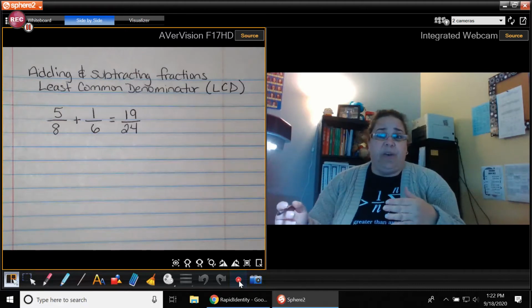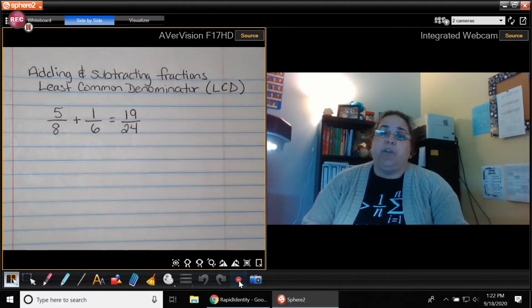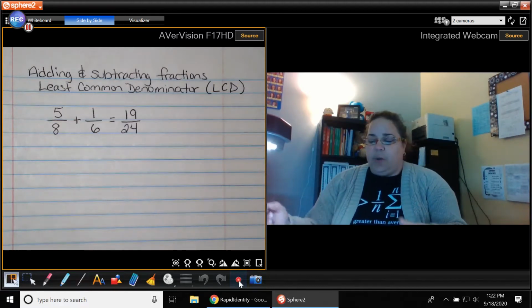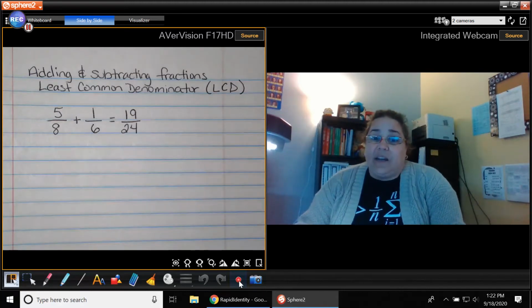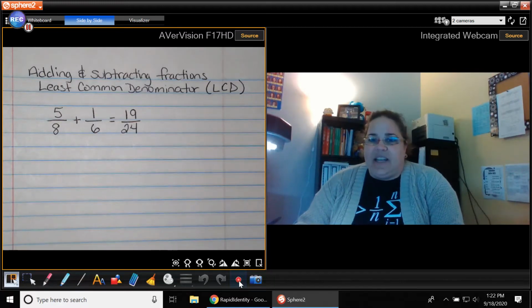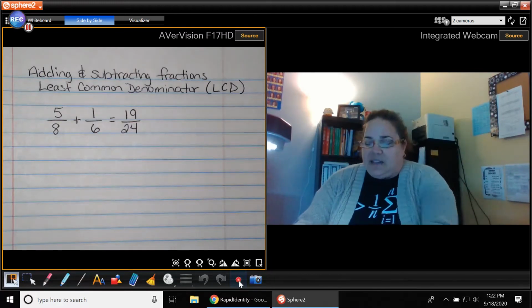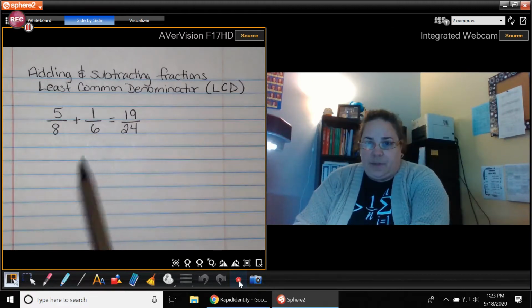Whereas if you learn to use something called the least common denominator, you will have to do a lot less simplifying, okay? So let's take a look at this. What I did was I found my least common denominator. And finding my least common denominator is the same thing as finding my least common multiple of the denominators, okay?